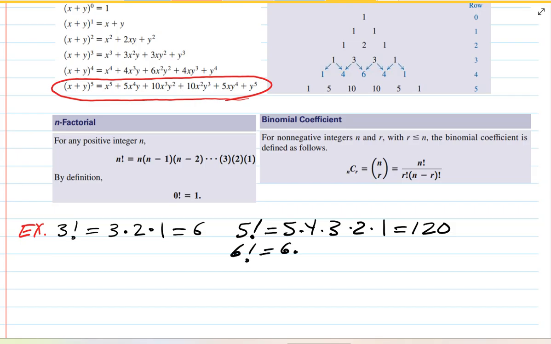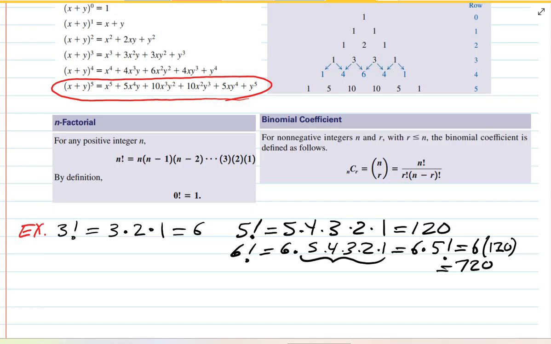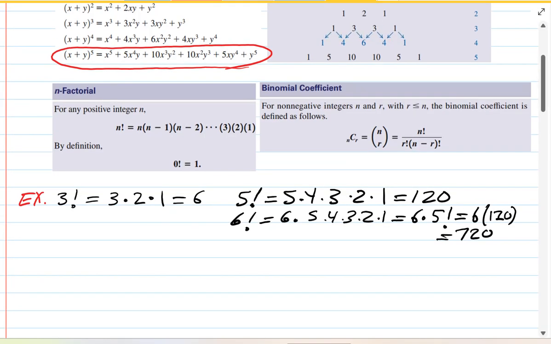You're going to do 6, 5, 4, 3, 2, 1, which you can write as 6 times 5 factorial, because that's what this is. And we just did that one above. That's 6 times 120, which is 720. See how this factorial function grows? It grows astronomically, very quickly.